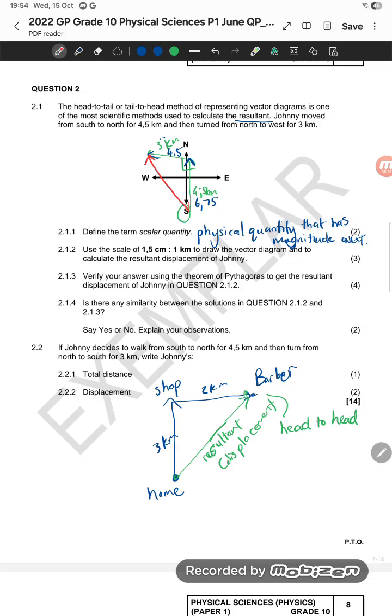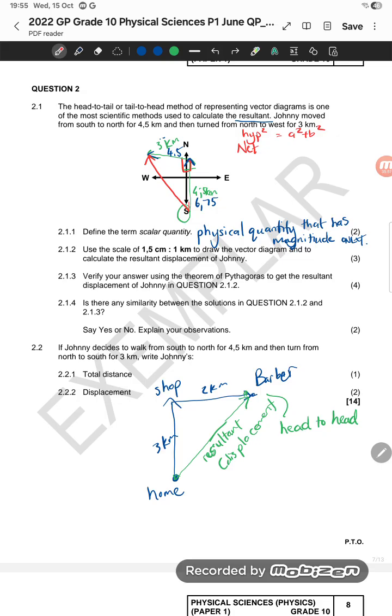Okay, so I'm going to take Pythagoras. Draw the vector diagram to calculate the resultant displacement of Johnny. Cool. So you can say the net displacement if you want to. I'd rather you just say hypotenuse squared. So we're working with a right angle triangle. Hypotenuse squared is equal to a squared plus b squared. Then net, because you can see this is a hypotenuse opposite the right angle.